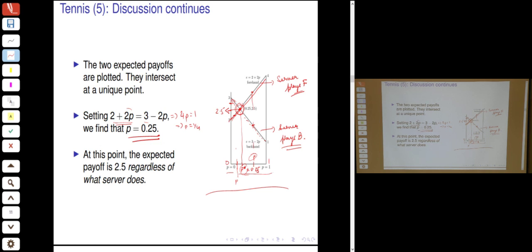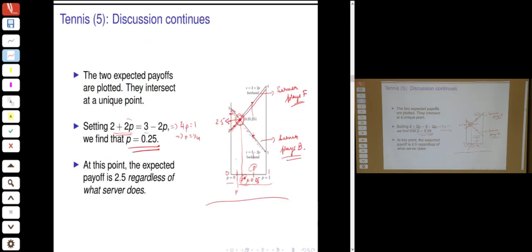However, if you deploy the mixed strategy with parameter P bigger than 0.25 and continue deploying it repeatedly over many iterations of the game, many turns of the game, eventually you are going to lose, right? Because your opponent will figure that out and switch his strategy accordingly, so as to push your expected payoff down.